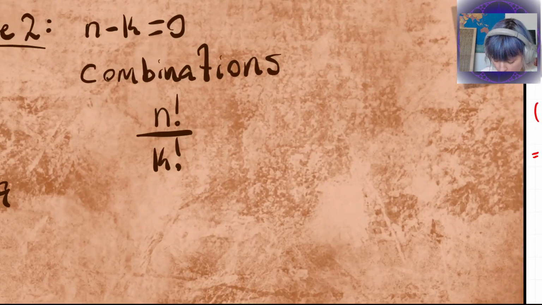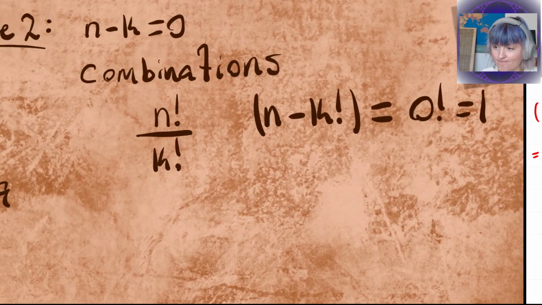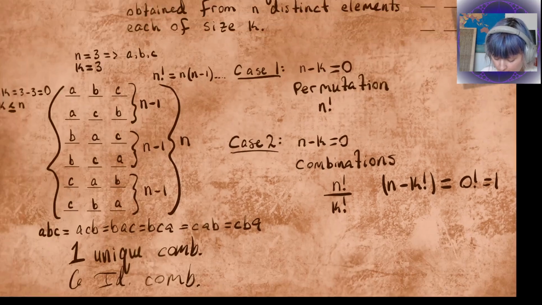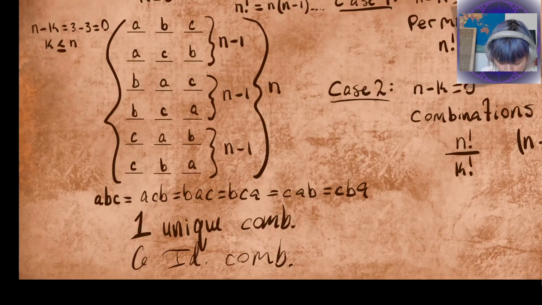It could also be n minus k factorial, which in this case, 0 factorial, is equal to 1. So it's not entirely clear to us quite yet. How would we guess what's going on here?